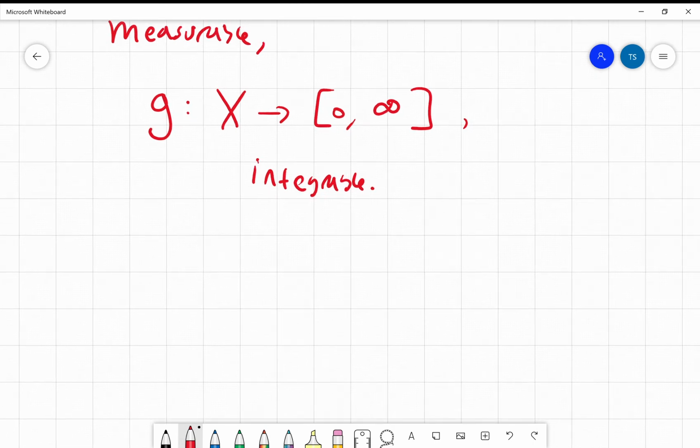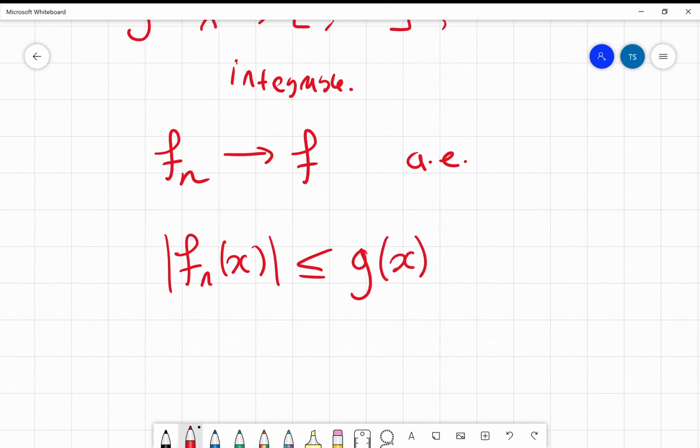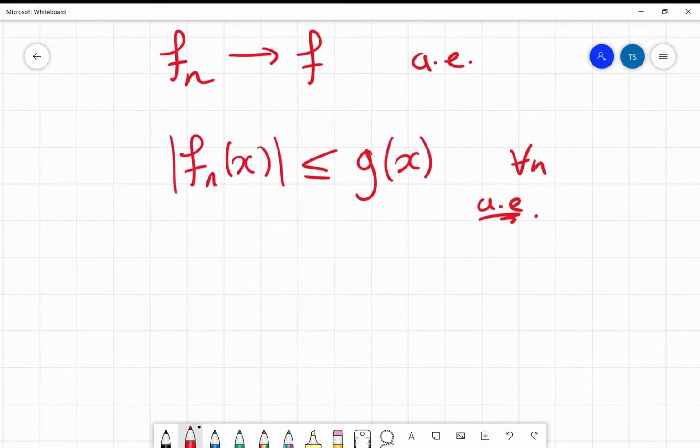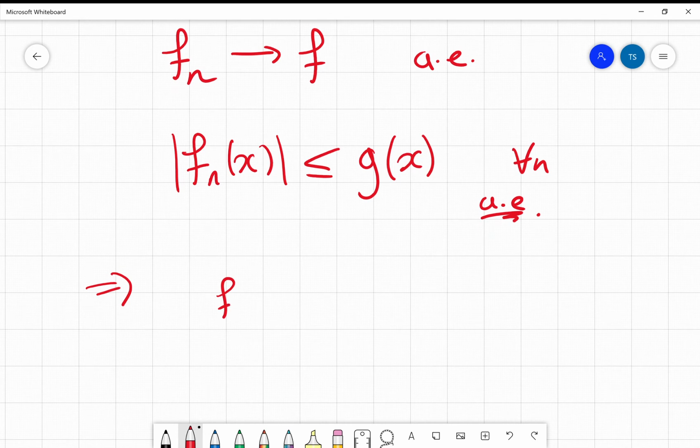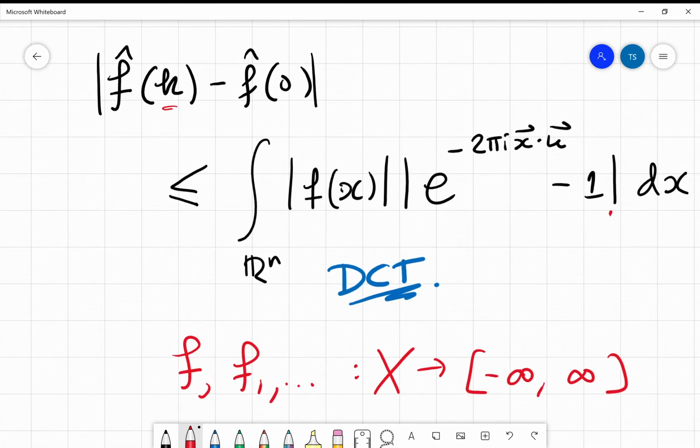Then, if we find that Fn converges to F almost everywhere, so this happens pointwise, and for all n each element of our sequence is dominated from above, and of course this is an almost everywhere requirement, then that implies that in fact f, f1, are all integrable, and you can interchange the limit and the integral sign, right? That's what we want to check for, to use the dominated convergence theorem.